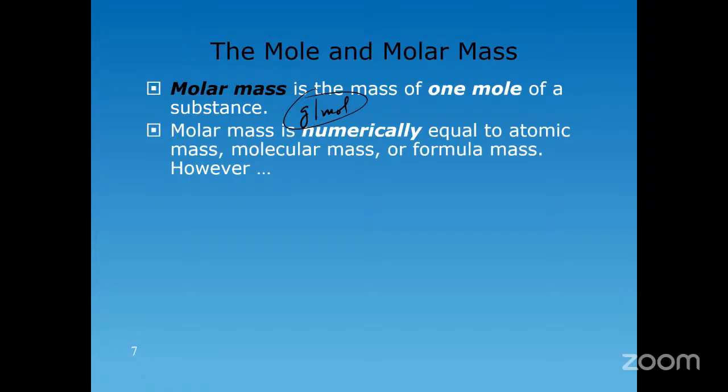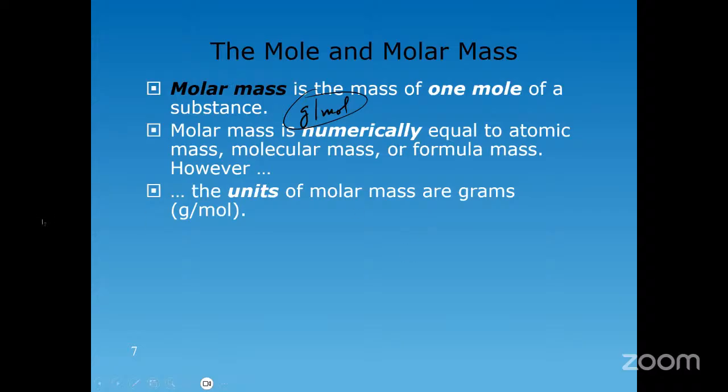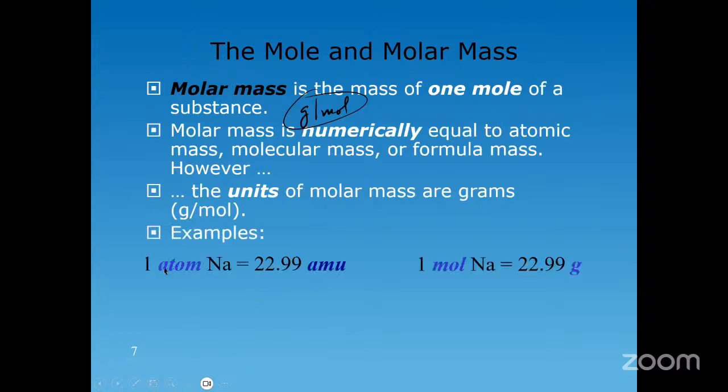I do have some examples here. The atomic mass of sodium is 22.99 AMU, but the molar mass is 22.99 grams per mole. Same numerical value, but the units are different.